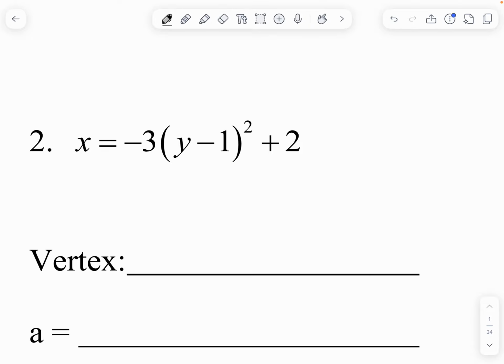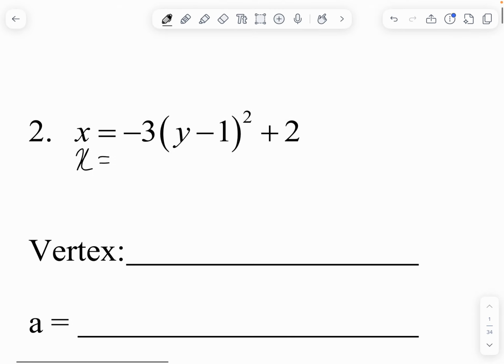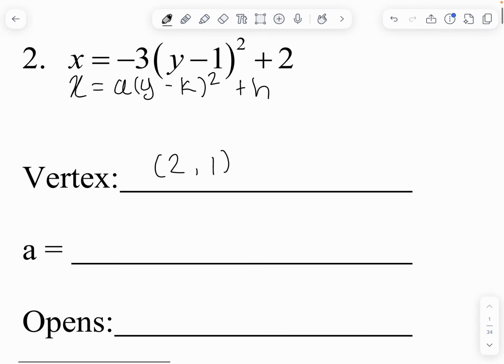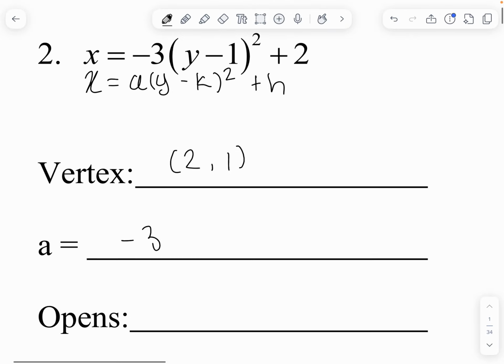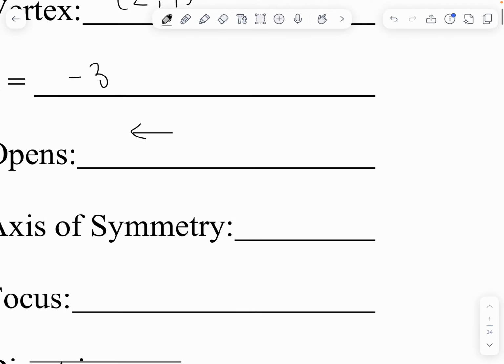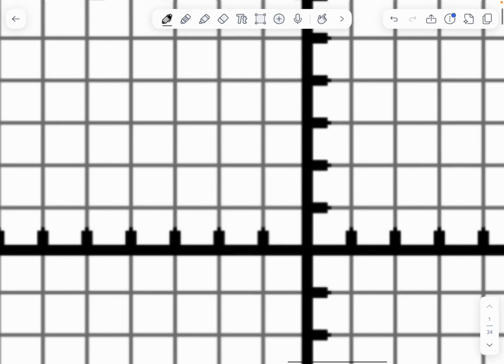So since this starts with x, our vertex form is still a, but this time it's different. It's x equals a(y minus k) squared plus h. So still (h, k). So it's going to be (2, 1). And a is negative 3. And since it's negative, it opens to the left. So let's plot these points.